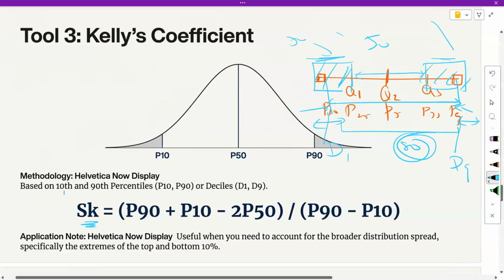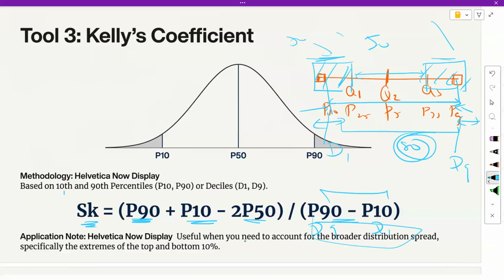Skewness is calculated as P90 plus P10 minus 2 times the median, divided by the range between the highest and lowest percentile, D9 minus D1. It is useful when you need to account for the broader distribution's spread, specifically the extremes of the top and bottom 10%.